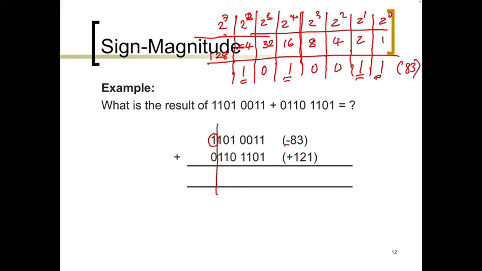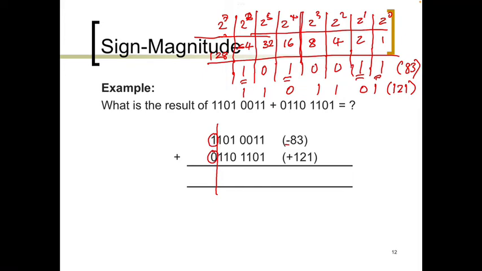The second one, this sign is positive, so you replace it with this number before 83. If you have 1 1 0 1 1 0 1, you will see that is 109.